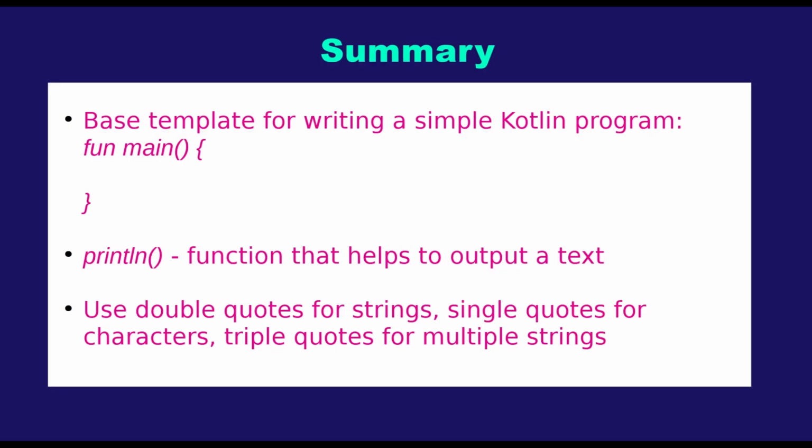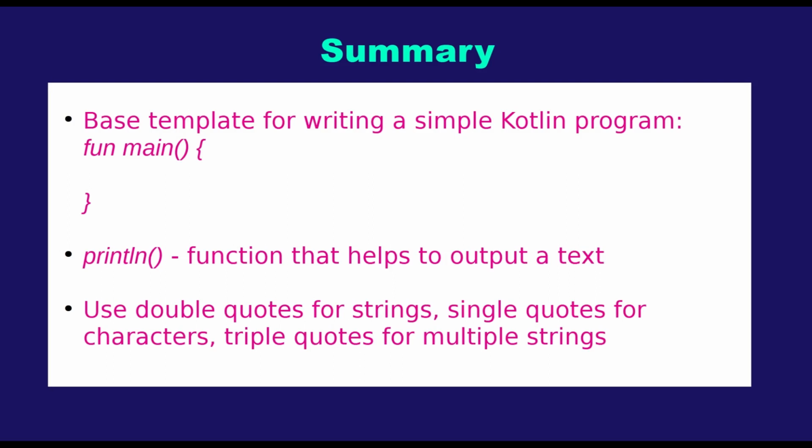Summary: in this tutorial, you learned how to use the online playground at play.kotlinlearn.org to write and run Kotlin code without any installation. You learned how to write a simple Kotlin program, how to use different strings in Kotlin code, how to output multiple lines and find errors in Kotlin code.